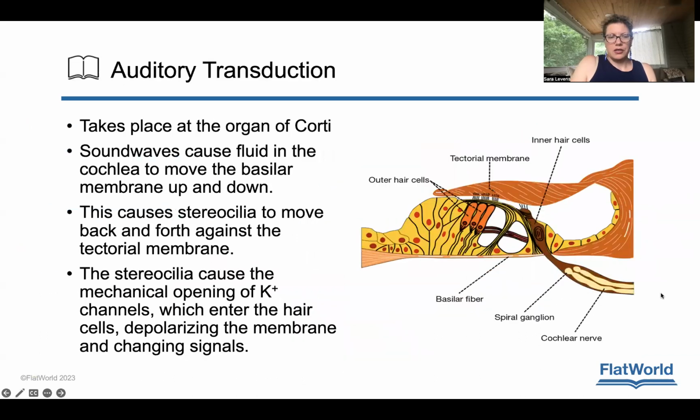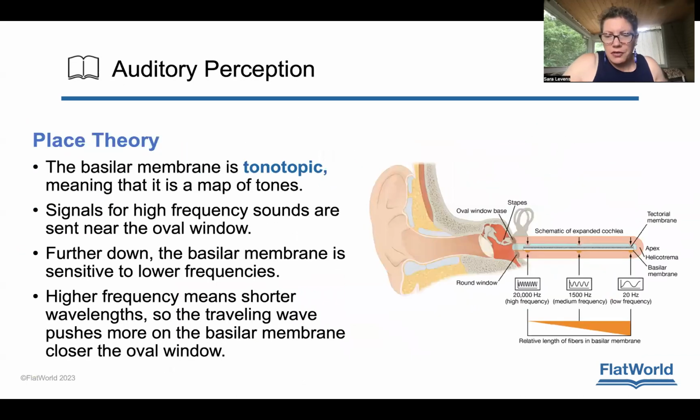All right, so getting back to this. I had the schematic right here. So this basilar membrane is what's called tonotopic, meaning that it is a map of these tones, spreading down in this organized fashion from high frequency to low frequency.